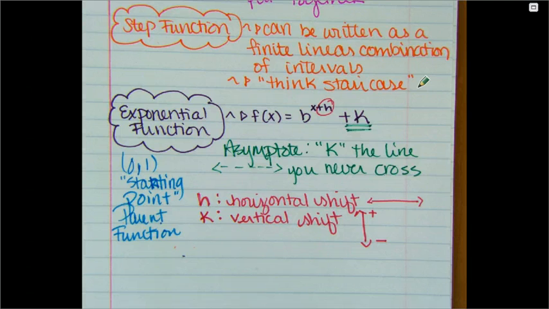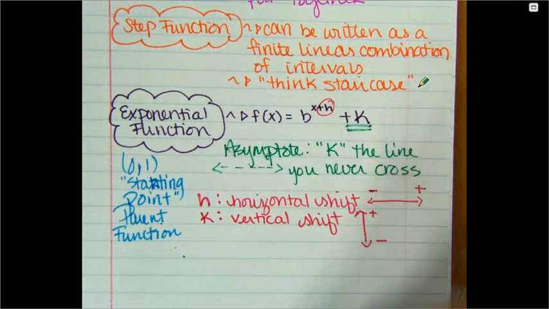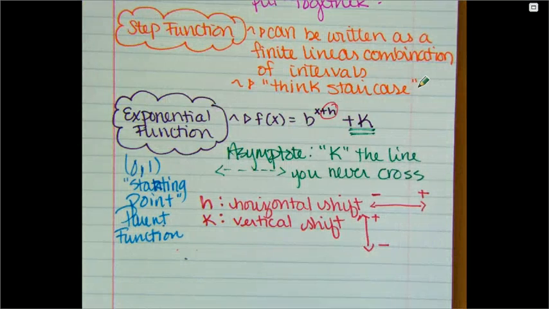So guess what? It's still the opposite. So H is still opposite. It's still going to tell you horizontal shift. It's still going to go negative is that way and positive is right. That's not changing, but you still got to take the opposite. K is never changing. It's always the same. Make sense? Questions here?